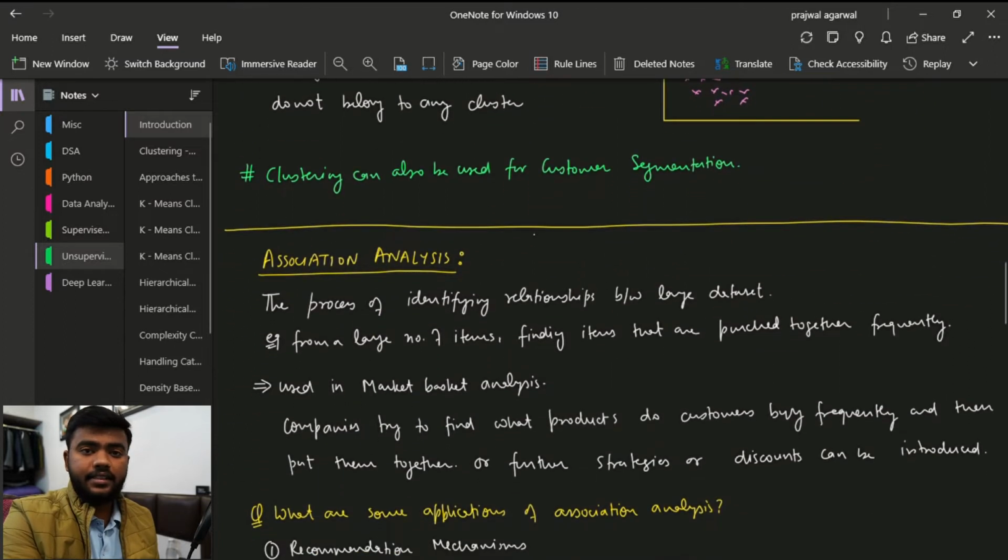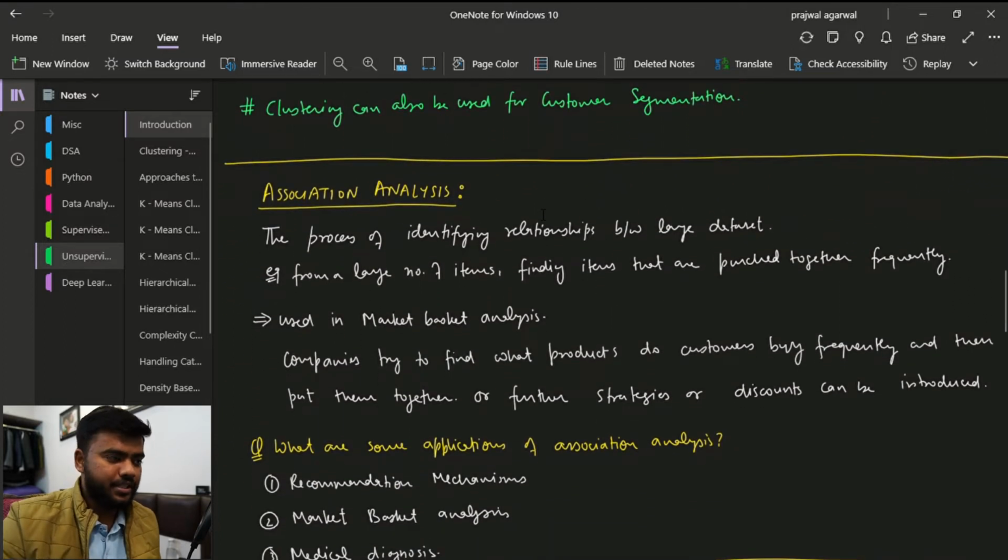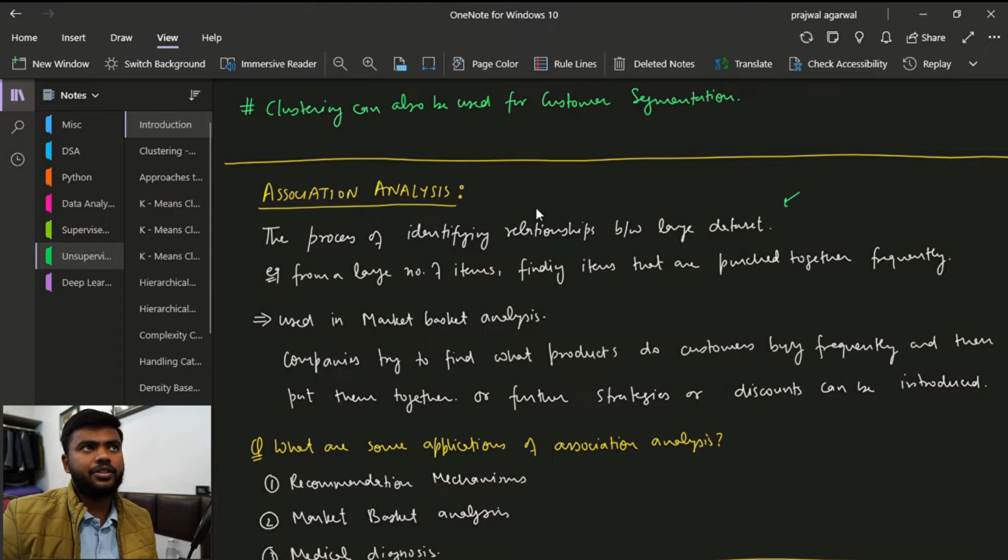Now, the next thing that we are going to discuss is association analysis. What is association analysis? This is the process of identifying the relationships between large data sets. Basically, suppose we are going into a shopping mall, and there are a large number of items available. Association analysis is the process of finding the relationships between all the items that are available.